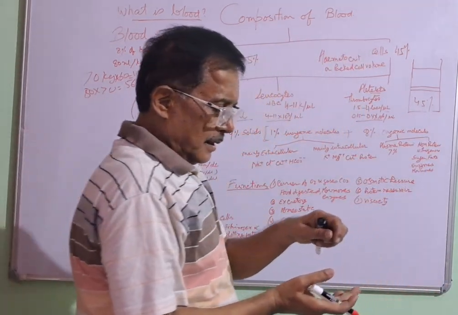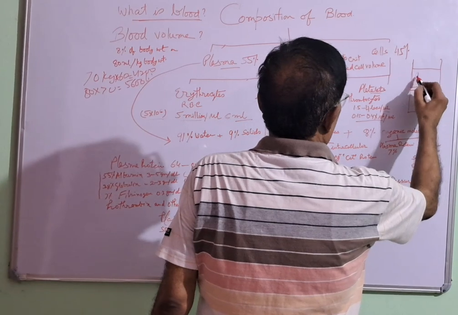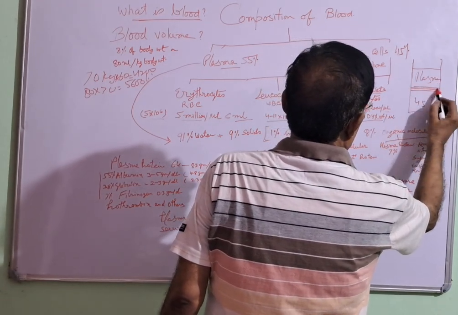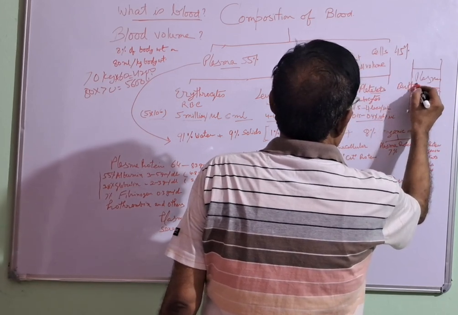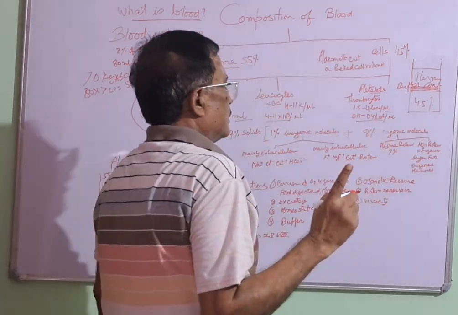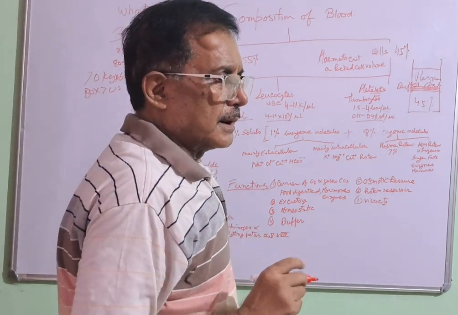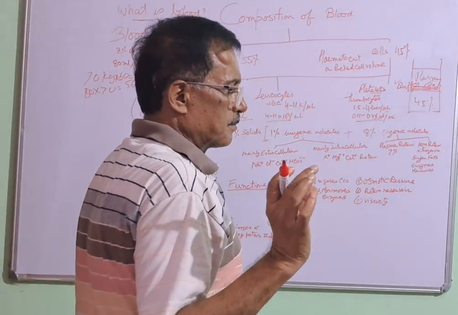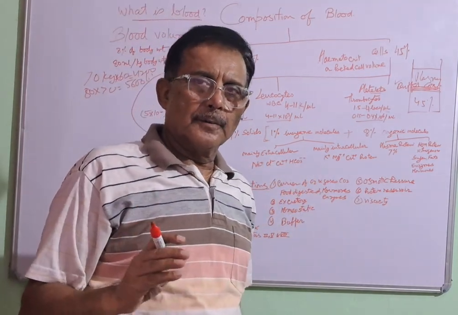Because cells are heavier than the plasma, they settle down, and here it is plasma. In between them, a thin layer is present that is known as buffy coat. This buffy coat consists of WBC, leukocytes and platelets.